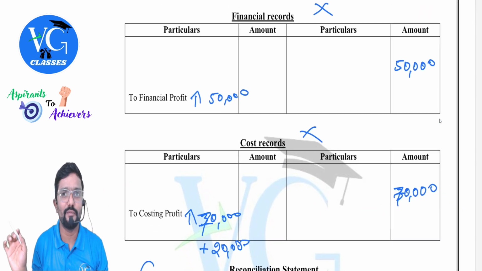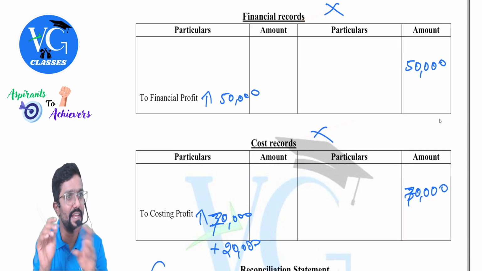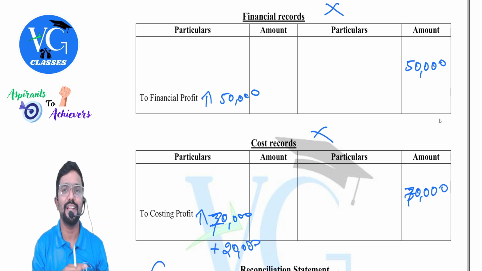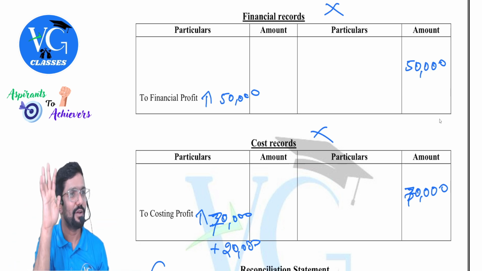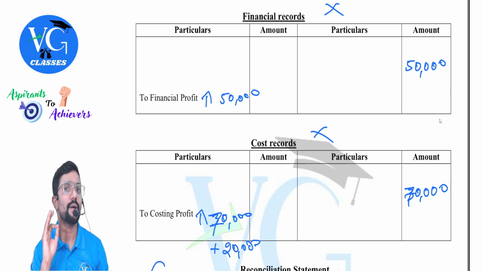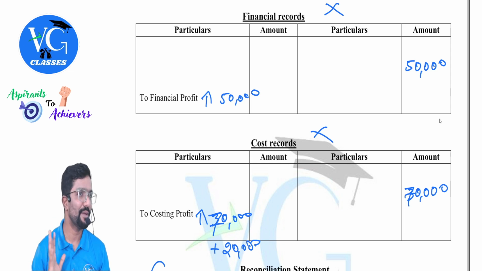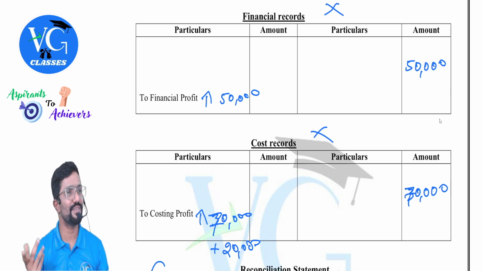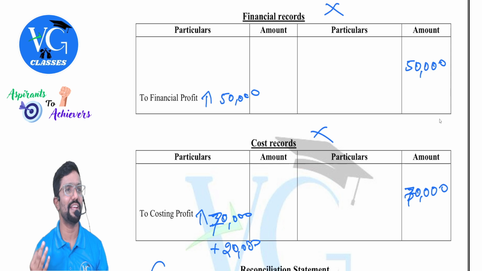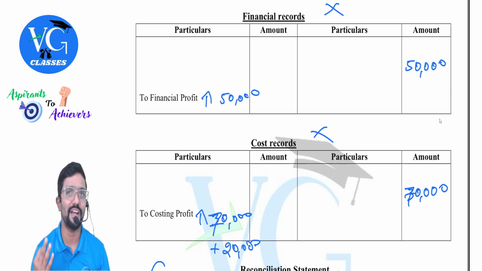Just put rough cost records and financial records and see what has happened, plus, minus, and analyze it. Or else, if you can analyze it in the mind also, do it. Try to do it as early as possible, but don't commit a mistake in a hurry. Instead of plus, if you do minus also, waste. And if you get this kind of question in the exam, you know how to capitalize, guys. Don't lose even half marks.